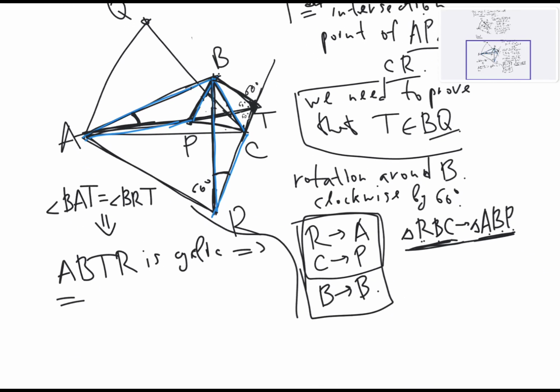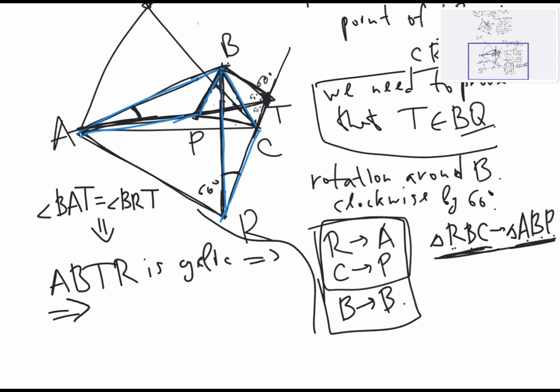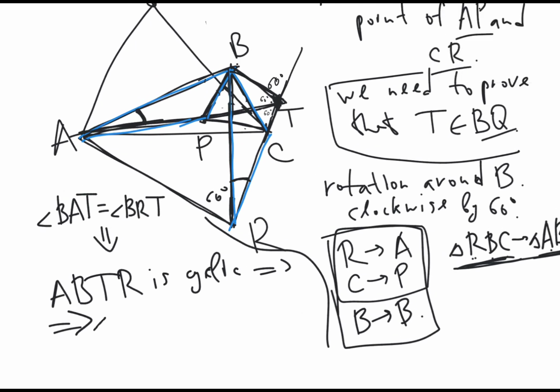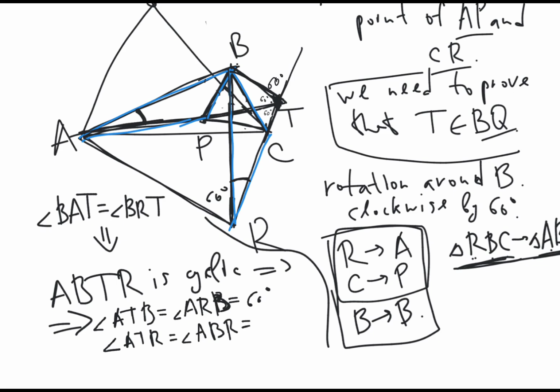So let's write here: it implies that the angle ATB is equal to the angle ARB, which is equal to 60 degrees, and the angle ATR is equal to the angle ABR, which is equal to 60.